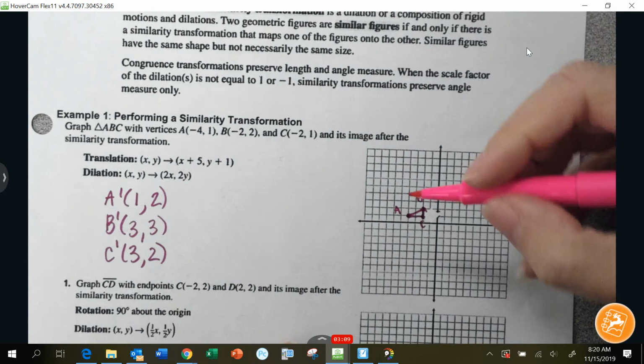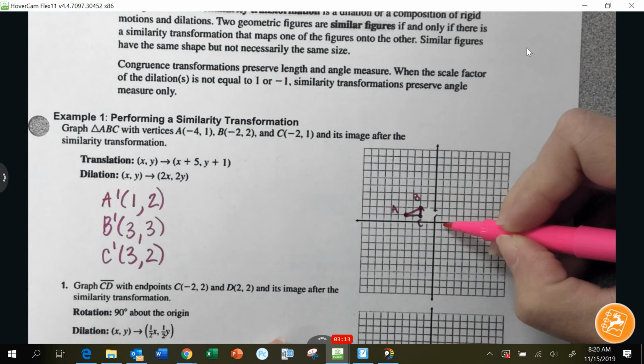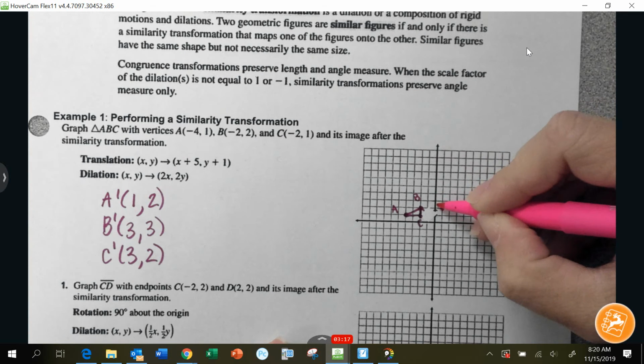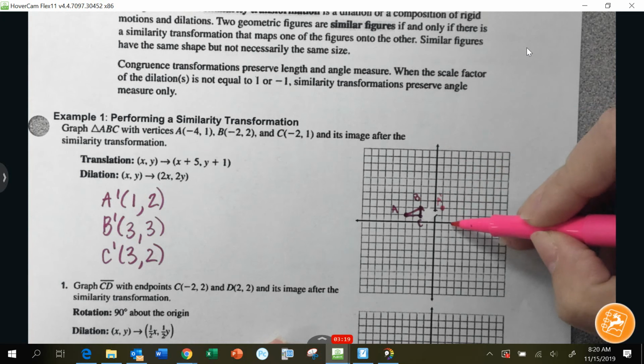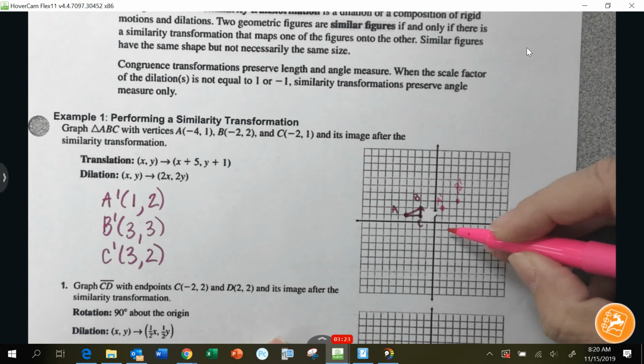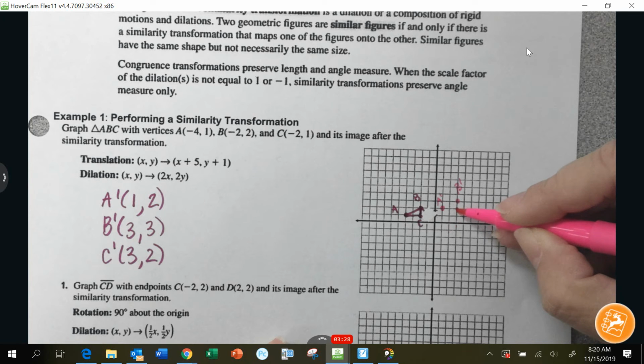All right, so -1, 2. There's my A prime. 3, 3, B prime. And then 3, 2, my C prime.